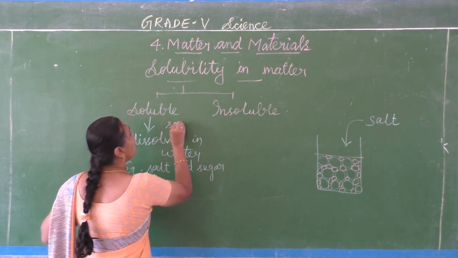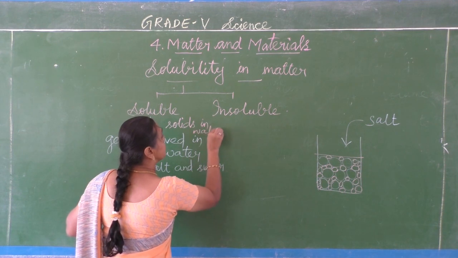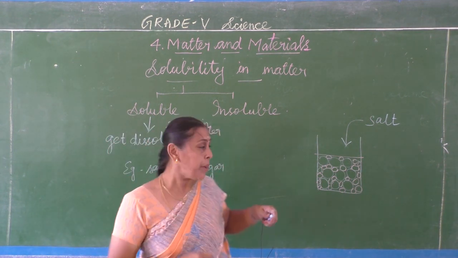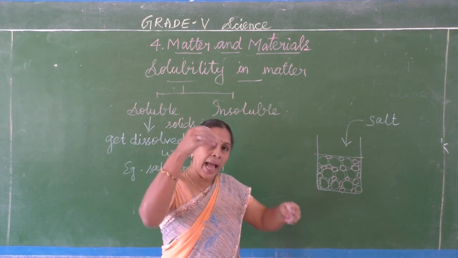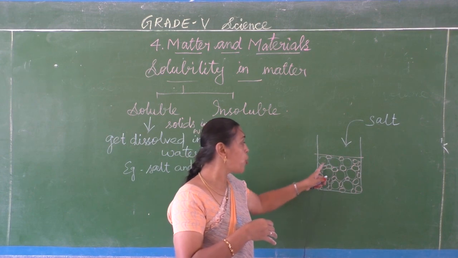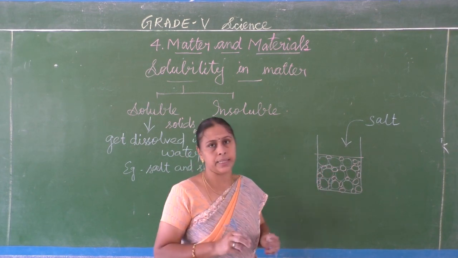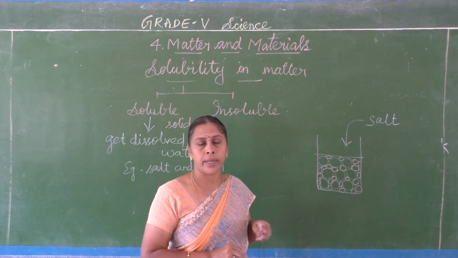How does a solid dissolve in water? Because in liquid the molecules are loosely packed, and when we add solids, the solid molecules occupy the spaces in between. Example, mixing of salt and sugar in water.